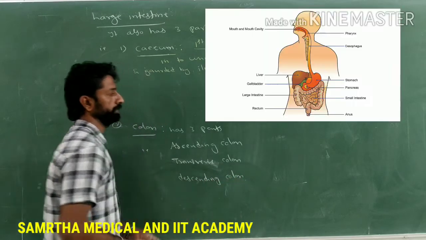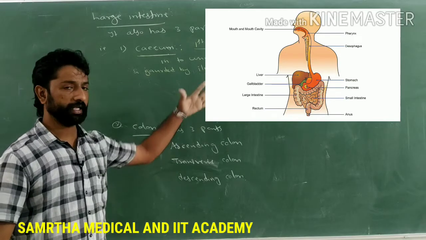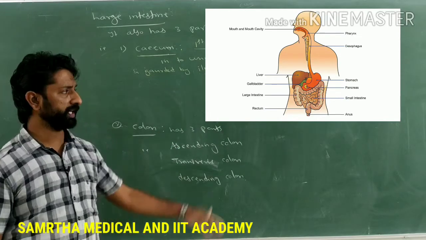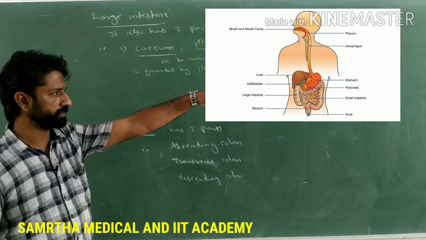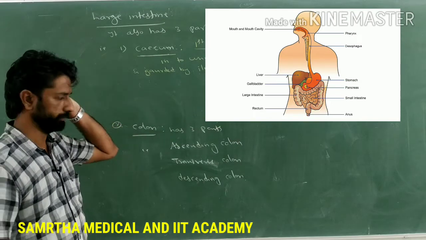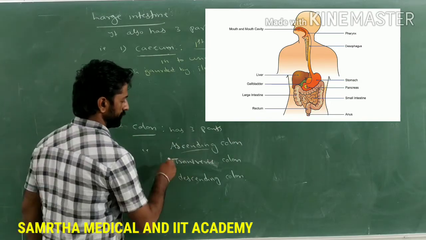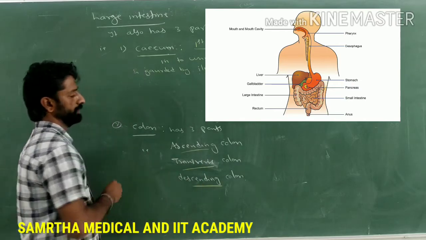In the diagram which represents the human digestive system, you can see the ascending colon, transverse colon, and descending colon, right? So these are the 3 parts of the colon.